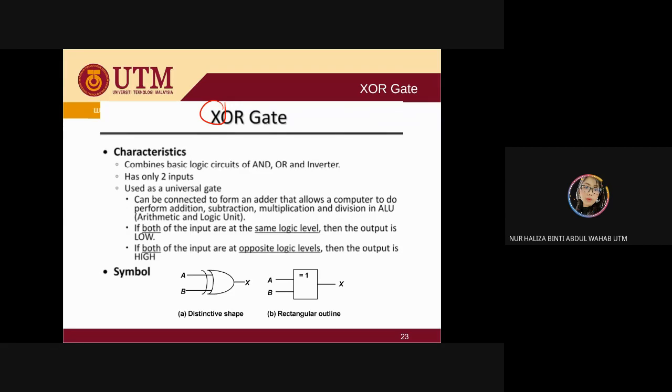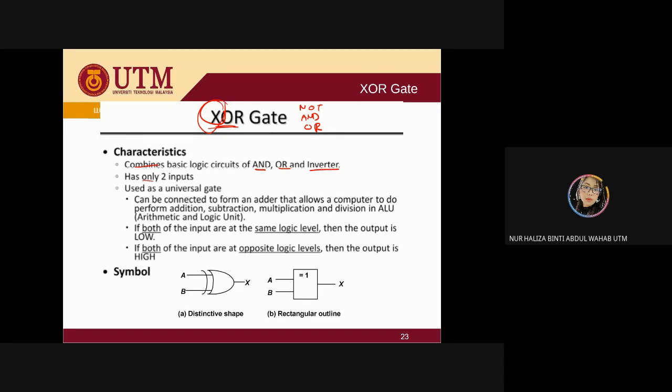Okay, right. So let's take a look over here. We're going to see that we have XOR. As mentioned, XOR is a combination of your NOT gate, AND gate, and also OR gate. You need to combine all of AND, OR, and also your NOT gate or inverter.